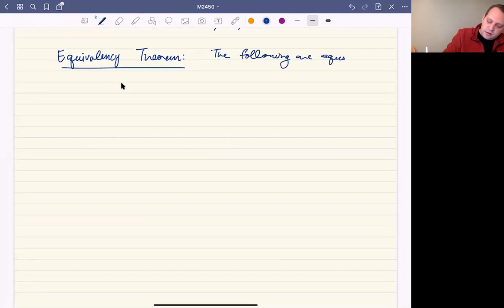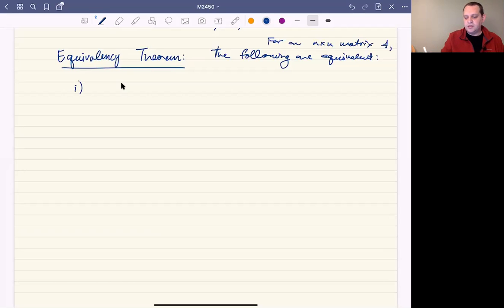Okay, so the following are equivalent. For an n by n matrix A, the following are equivalent. Just to be clear, we're talking about an n by n square matrix.